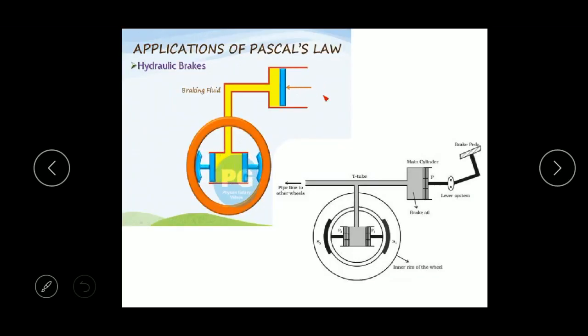The construction of the hydraulic brake system. The hydraulic brake system consists of a master cylinder fitted with a piston.